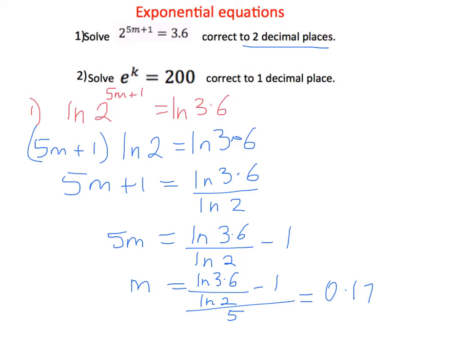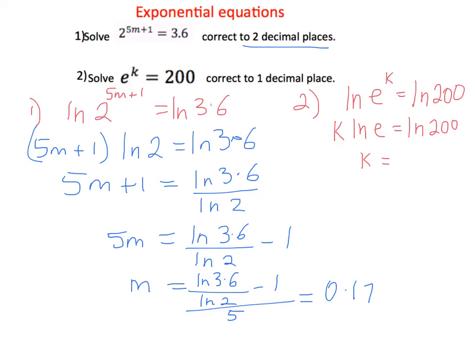Okay, and then in example 2 here, we're going to do something very similar. We are going to take the log of both sides, but what is cool here is definitely you want to take the log base e of both sides, because then what's going to happen when you bring the power down the front of this, log base e of e is simply 1.